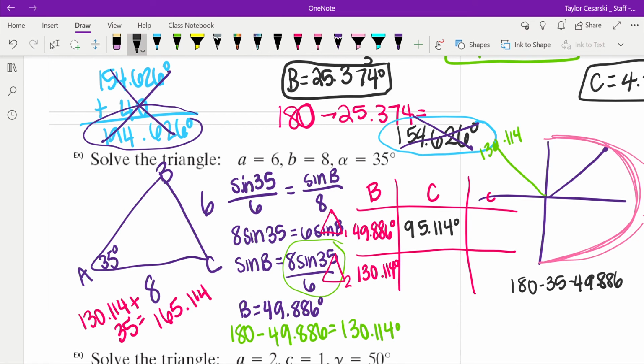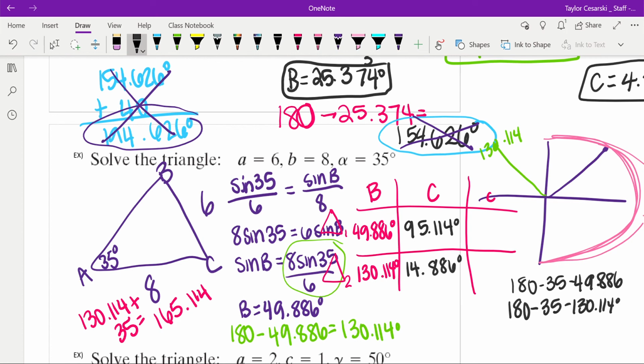Okay, now obviously it will be different if angle B is 130 degrees. So that's 180 minus 35 minus 130.114 degrees. So let's find that guy. So my other possibility is 14.886 degrees.